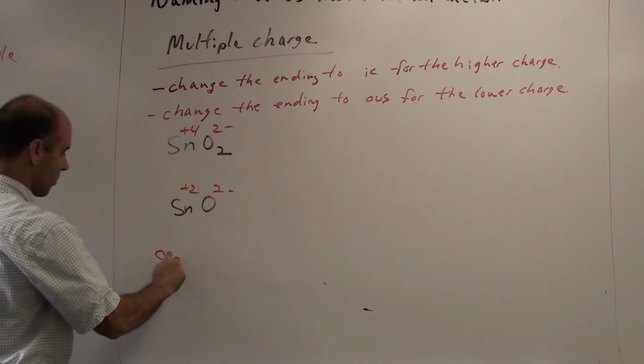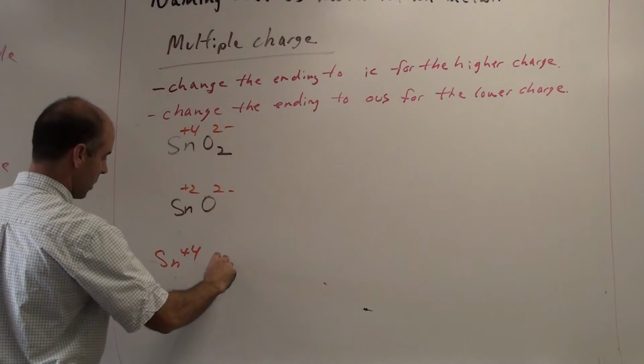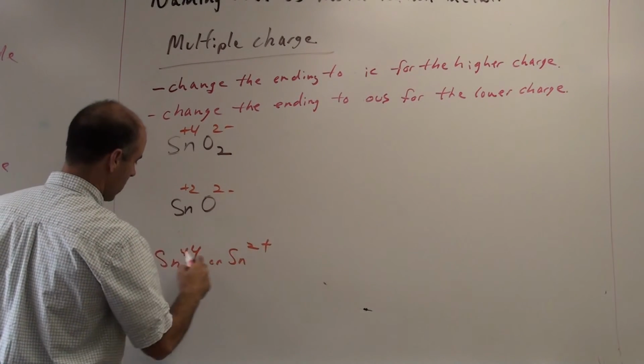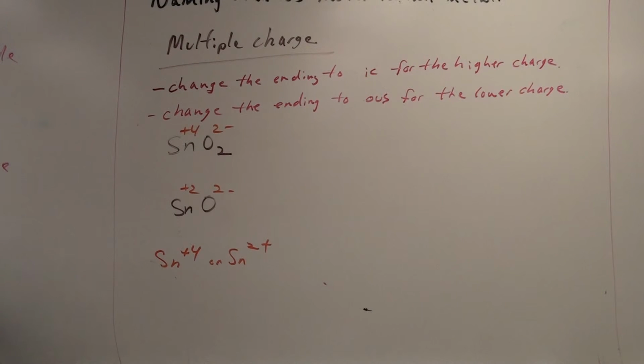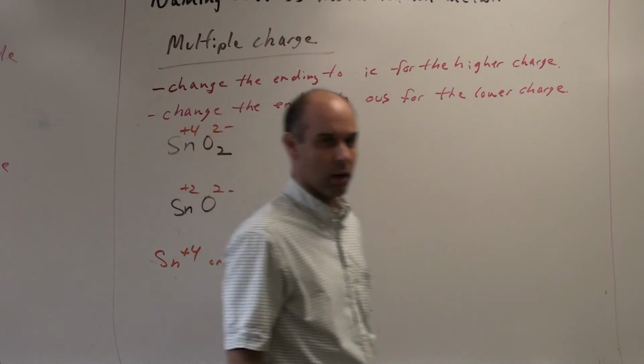Tin can be a +4 or tin can be a +2. So if it's the +4, you got to change it to ic. That's the higher charge. If it's the lower charge, you got to change it to us. But again, it requires you to know the Latin name of tin.